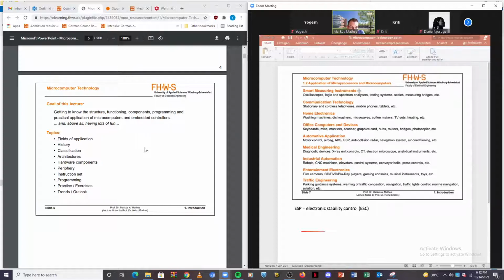We haven't defined the difference between microcomputer and microprocessor up to now. We will do this in a few minutes, but here on this slide, you have a summarization of all possible fields of application.